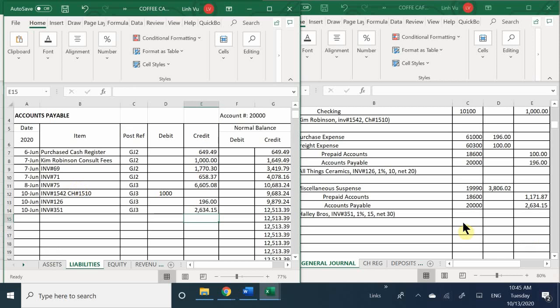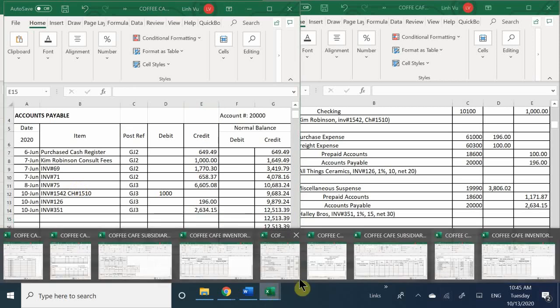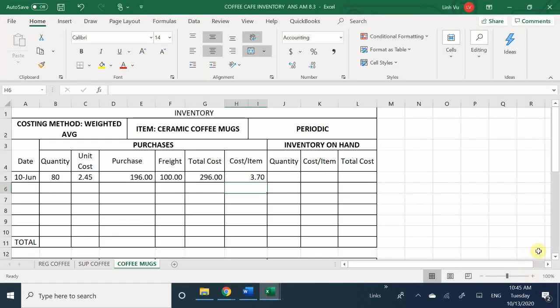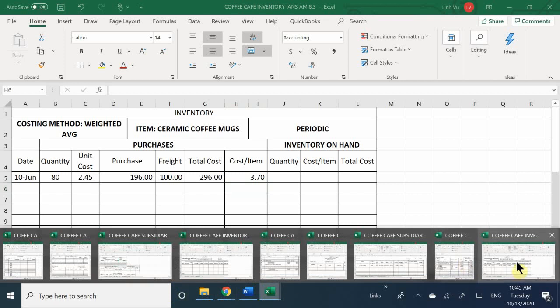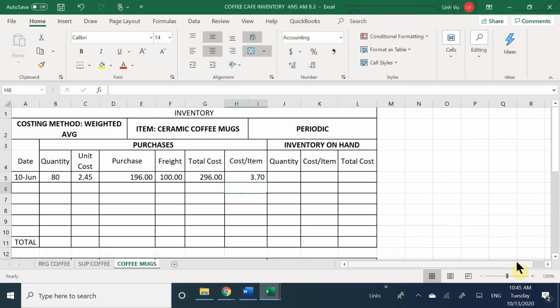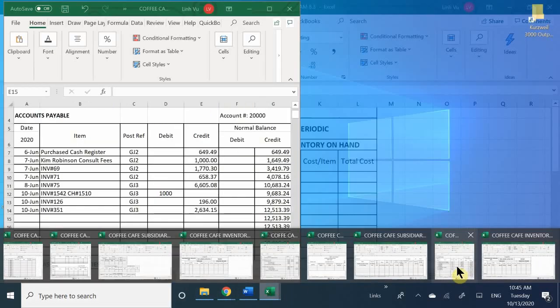Now we could go ahead and go to our subsidiary ledger. Yes. Okay, to my subsidiary ledger, I'm going to go to my vendors. Oh, I'm in the wrong one. The inventory.